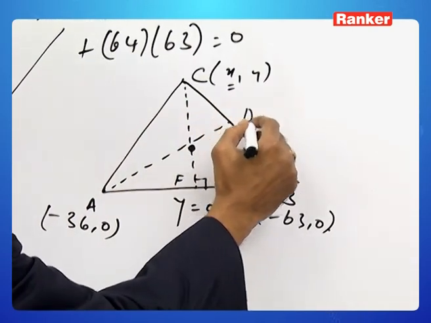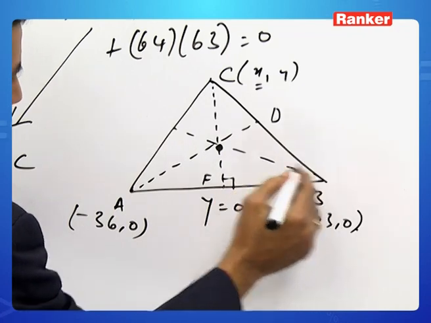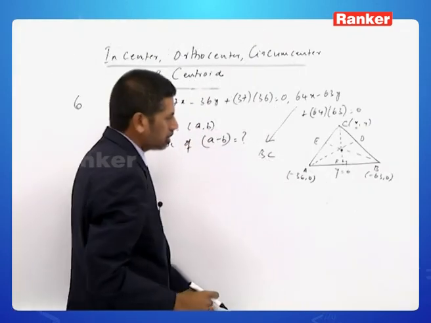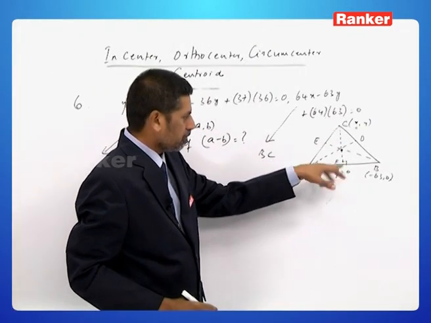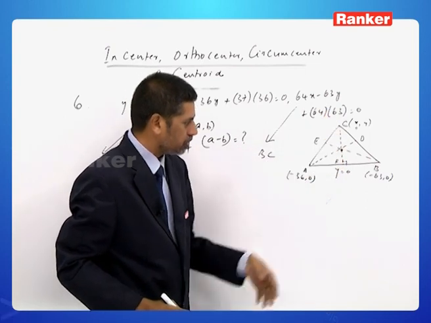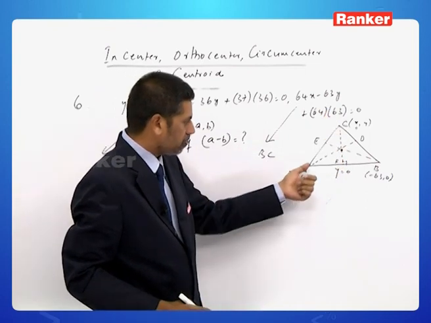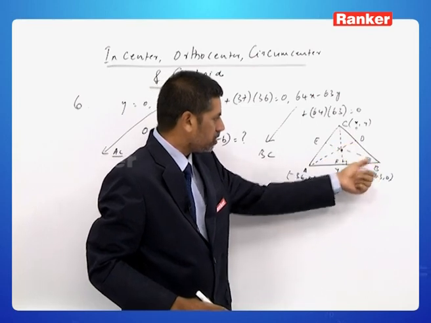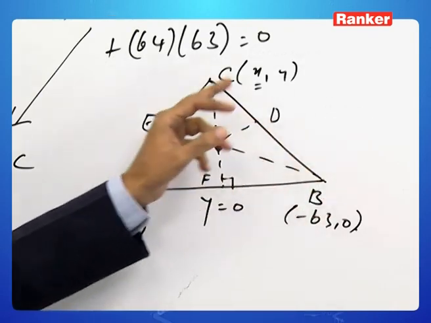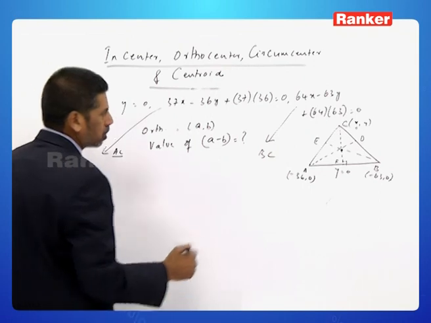So let's take this as D, let's take this as E. The altitude CF, we can only get the slope but not its equation. But what is very convenient is we can easily find the equation of AD and the equation of BE. Now the slope of BC is already known to us.